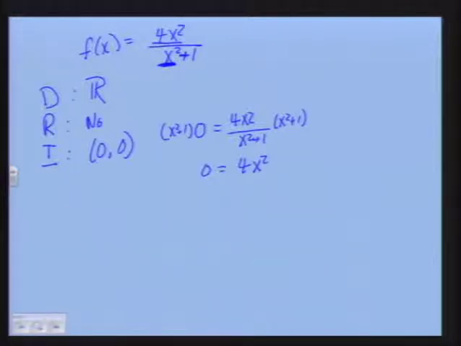So dividing both sides by 4, I get x squared equals 0, so x is 0. Got the same thing again. That's usually what's happened for me so far. Let's check symmetry. This is very much like the x squared minus 9. Every time I put in an opposite of x, I get the x squared back. So can you tell it's y-axis symmetry? If not, you can go ahead and plug it in and convince yourself.